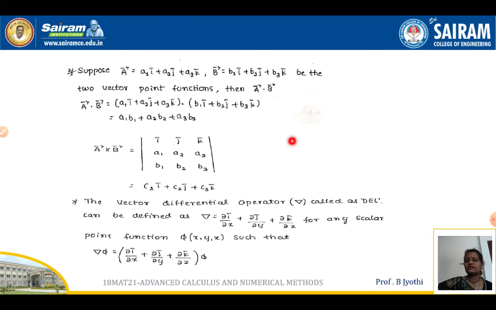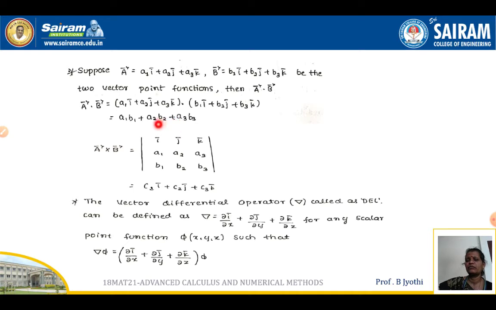Suppose there is a vector A as a1 i plus a2 j plus a3 k and B as b1 i plus b2 j plus b3 k, with the two vector point functions, then the dot product can be defined as a dot b is equal to a1 i plus a2 j plus a3 k dot b1 i plus b2 j plus b3 k.